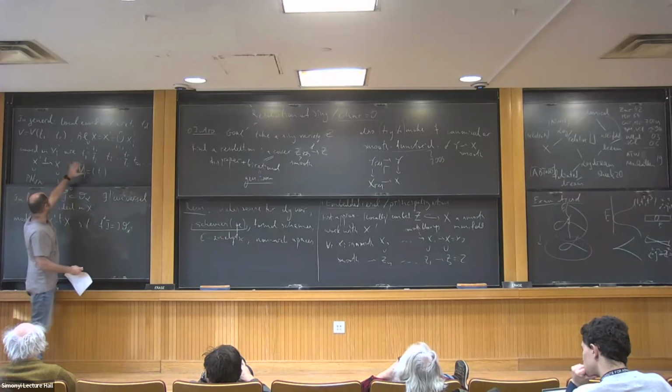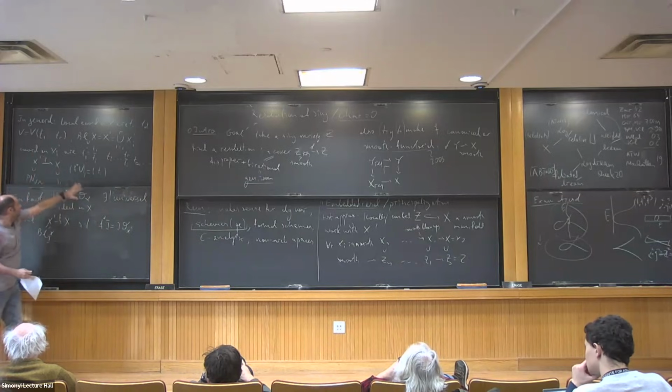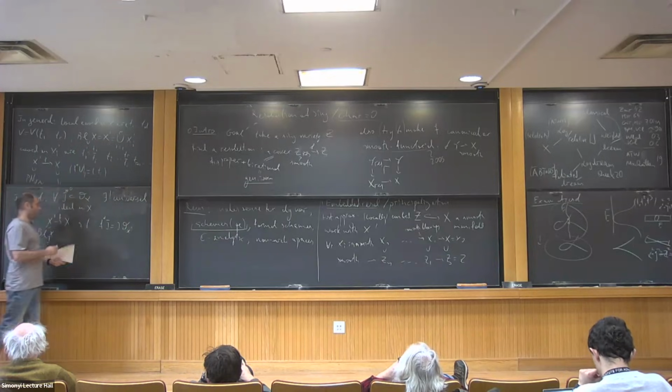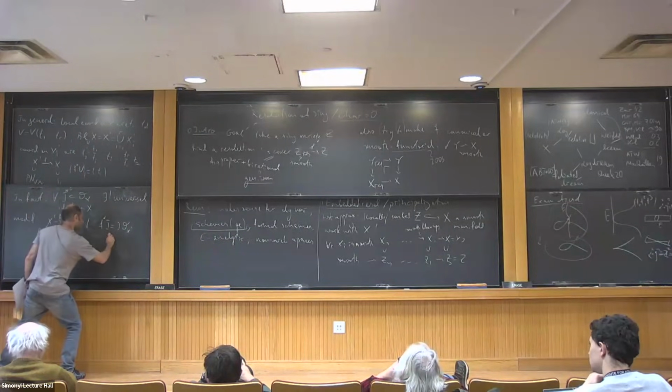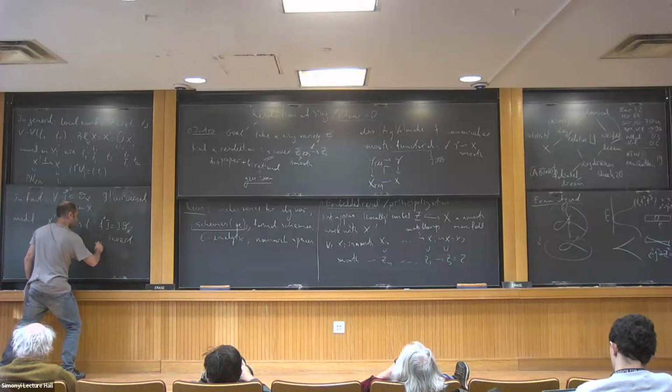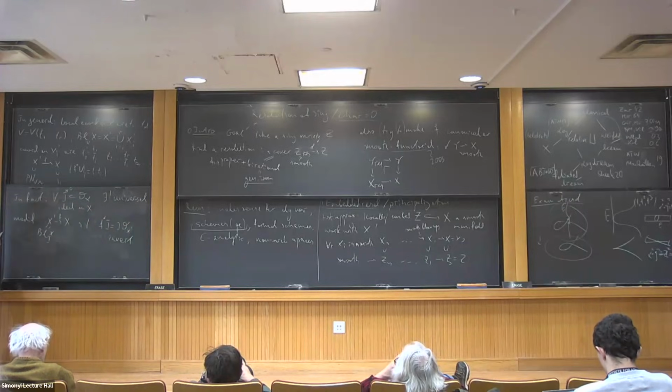In this case, the ideal was generated by t1 to tr, so the pullback is generated by t1 up to tr still. So this is invertible. It is locally generated by a single non-zero divisor.